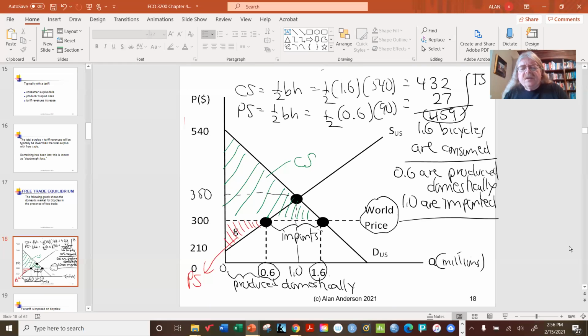The base is 0.6 because the domestic producers are only making 0.6 million bicycles. The height is everything from the supply curve up to this price line. This is 90. And so that area is 27. The grand total is $459 million. That's the total surplus earned by consumers and producers.